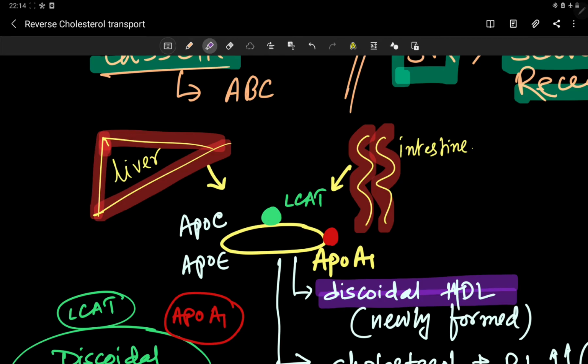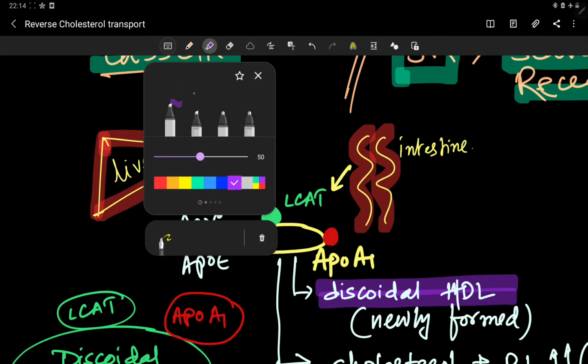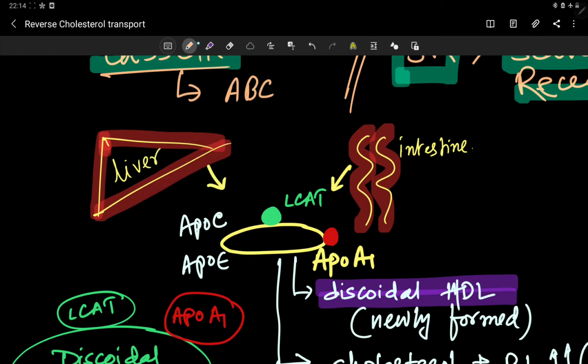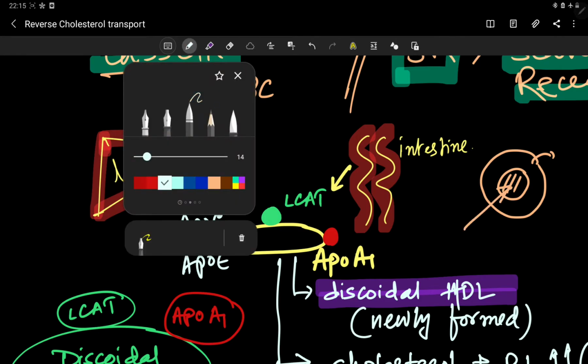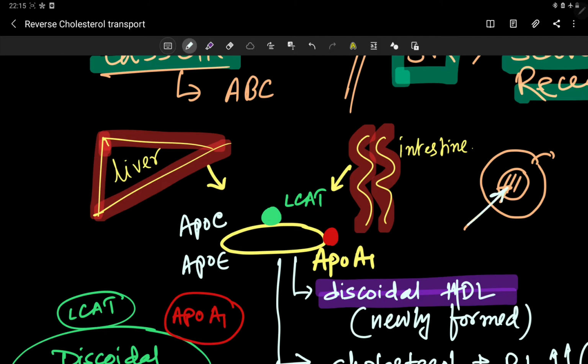Okay, why? Because I already told that in any lipoprotein there is a core and there is a periphery, hydrophilic periphery and hydrophobic core. In case of newly formed HDL, the core is empty, or very little amount of hydrophobic substance is present within the core of this newly formed HDL.